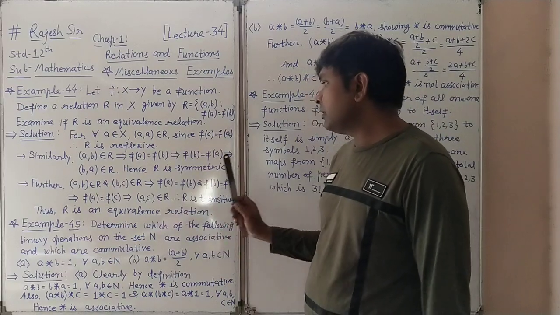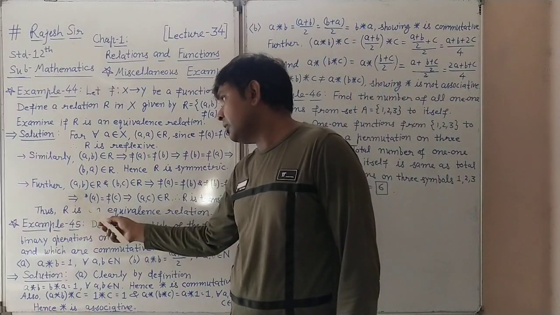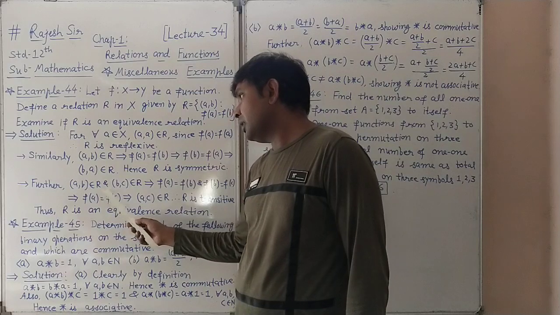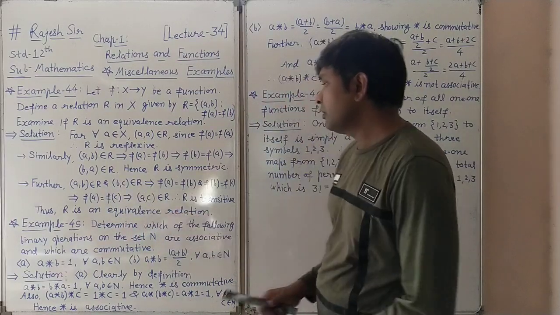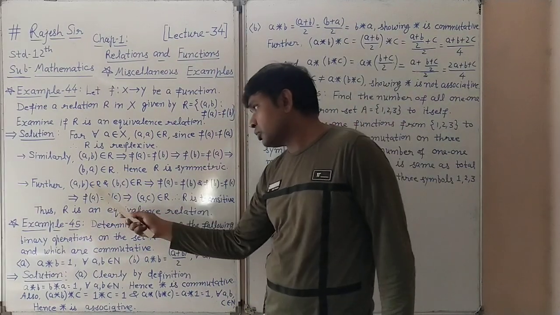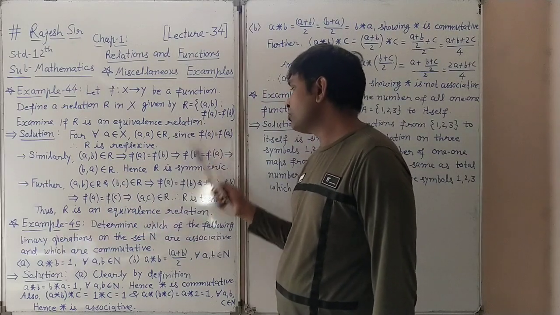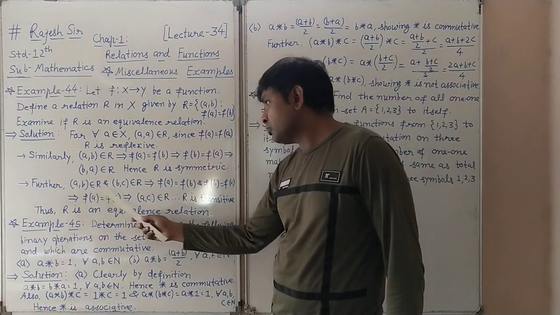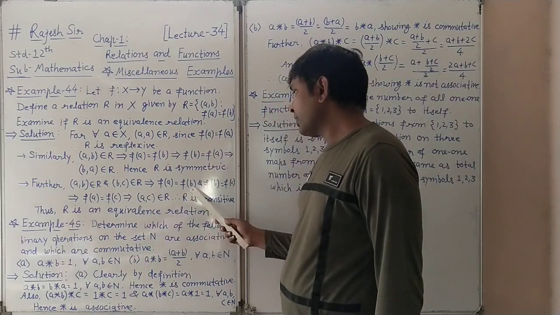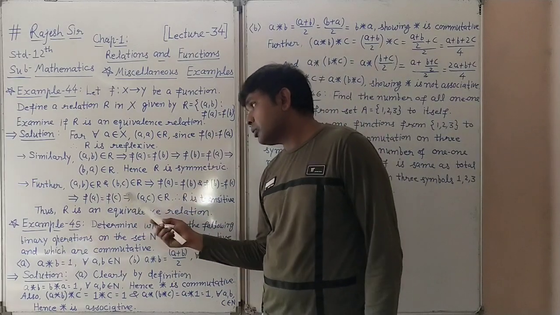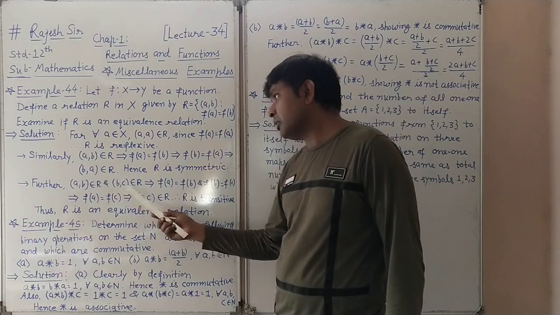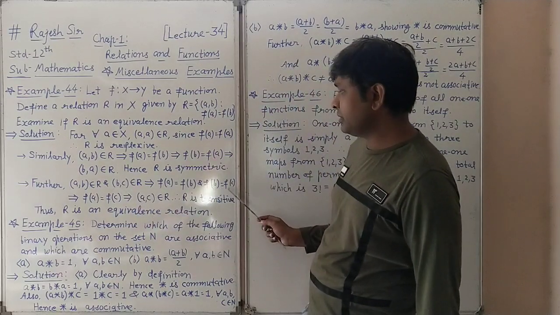Now to show transitive, the third one: if (a, b) belongs to R and (b, c) also belongs to R, then from (a, b) belongs to R we write f(a) equals f(b), and from (b, c) belongs to R we get f(b) equals f(c).